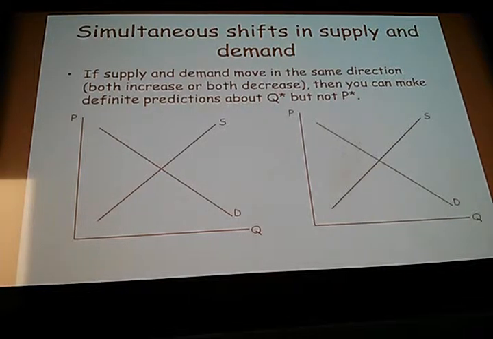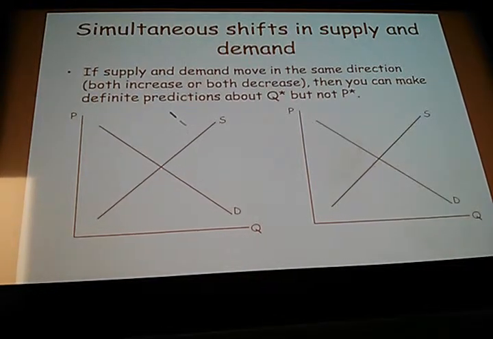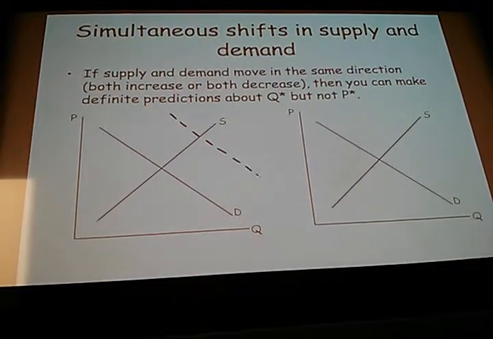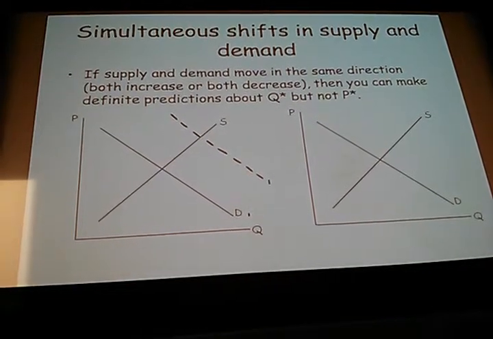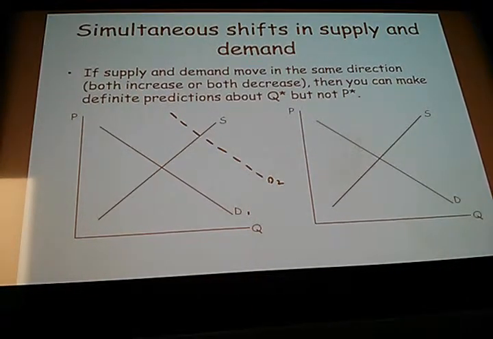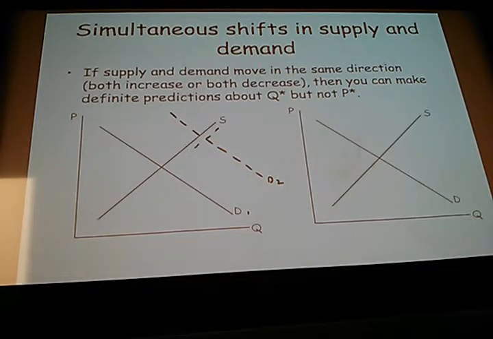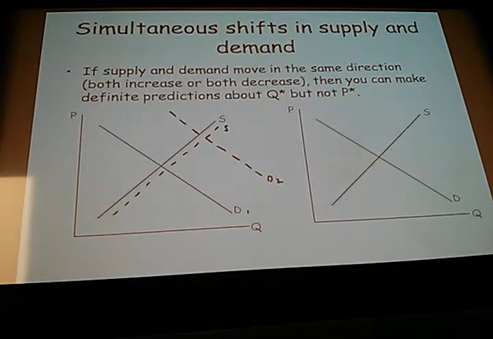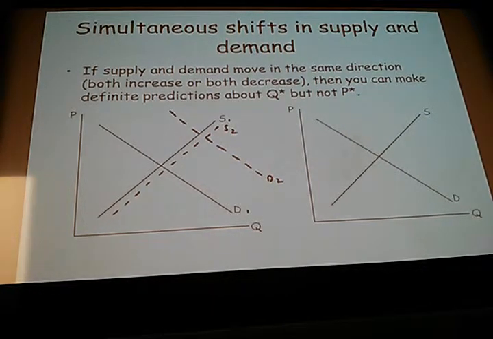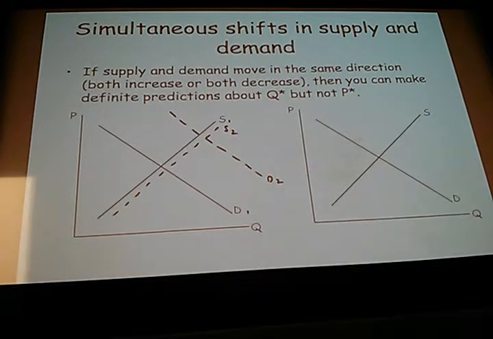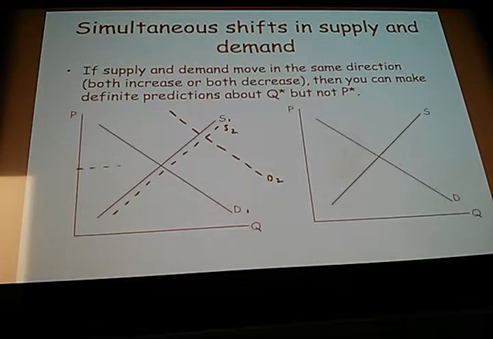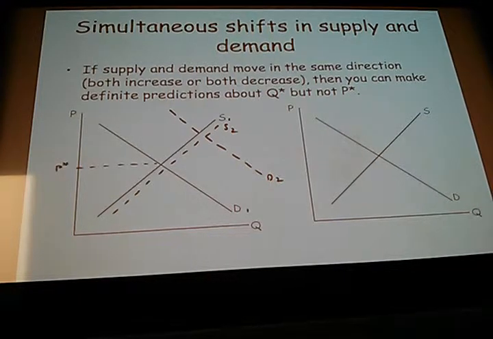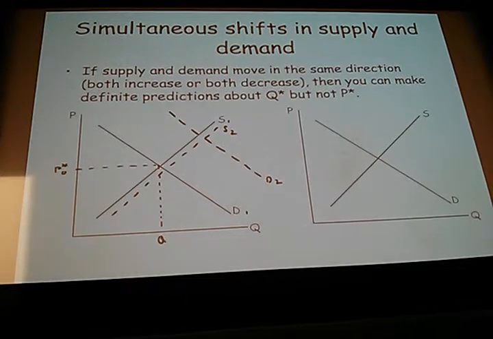On the left, I'm going to draw a really big increase in demand and a really small increase in supply. Let's go ahead and plot first the initial equilibrium quantity and the initial equilibrium price, Q star naught and P star naught.